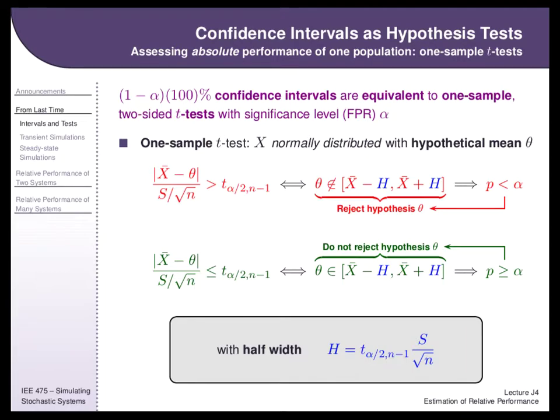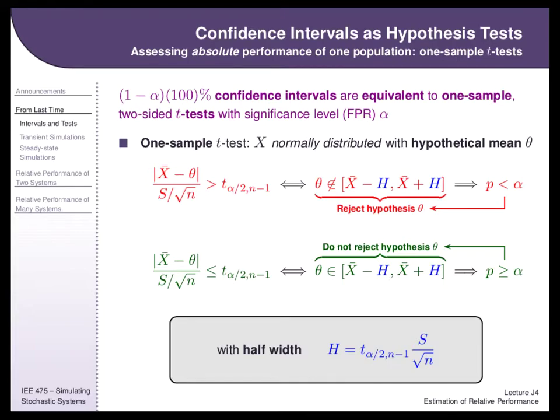And so this condition here, we said that if you just do a little algebra, corresponds to this condition here. So finding out that your data are very far from your null hypothesis could be flipped around to saying that you calculated a confidence interval and the null hypothesis is outside of the interval. These are equivalent conditions.